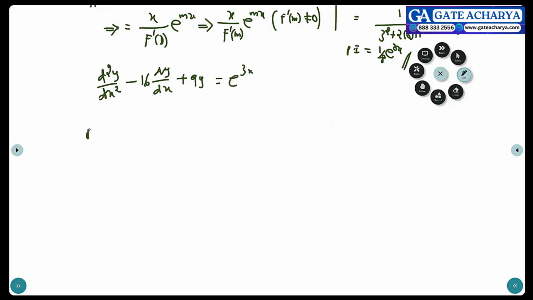So directly go to the particular integral: 1 by the D function, d square minus 16d plus 9, into e power 3x.